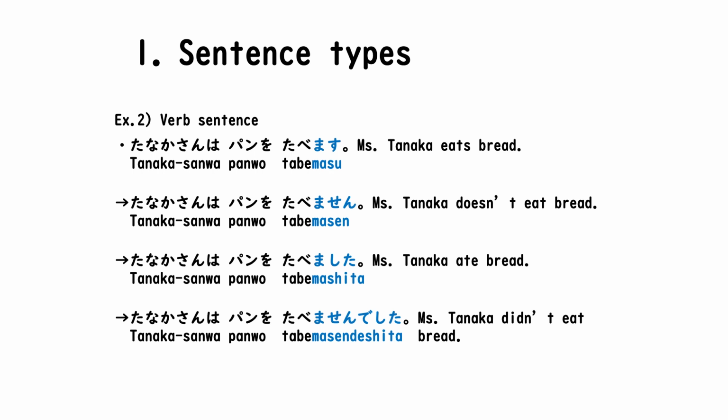Finally, the negative form of the past will be 田中さんはパンを食べませんでした. Miss Tanaka did not eat bread. In this way, by changing the form of the predicate at the end of the sentence, we can express the difference between affirmative and negative as well as non-past and past.